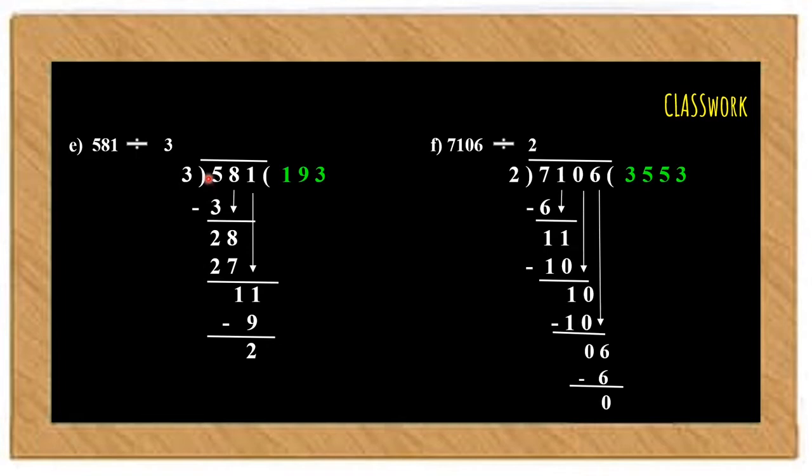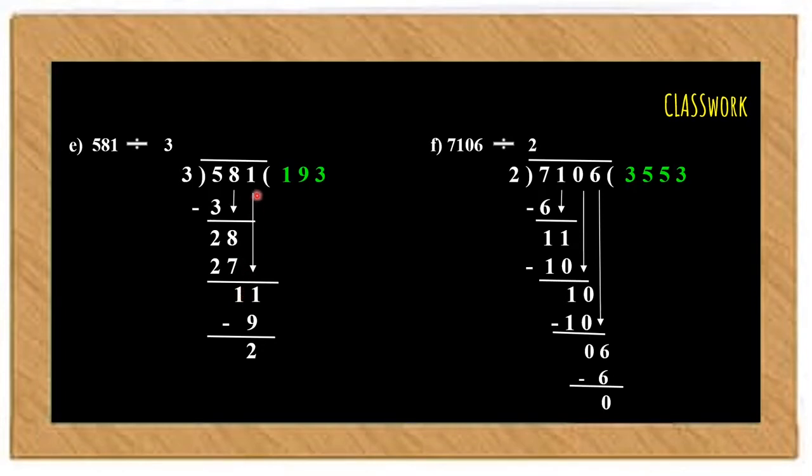We will subtract 5 and 3 to obtain 2 as the answer. We will bring down the second digit of the dividend to obtain the new dividend, which is 28. We divide 28 by the divisor 3 such that we get 3 multiplied by 9, giving us 27. 28 minus 27 gives us 1.